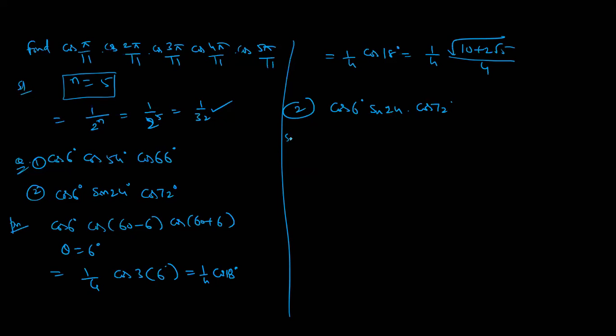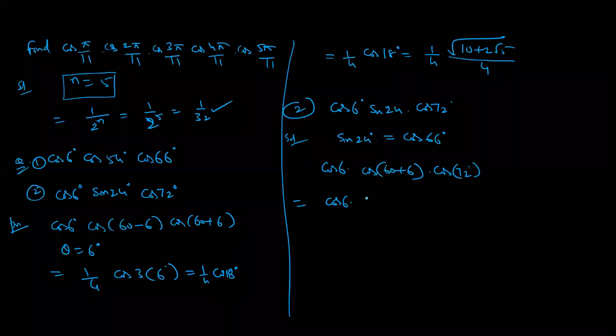How to approach? Now, what is the complementary angle of sin 24? Clear? Yes, cos 66. Cos 6, cos 66 is 60 plus 6, and cos 72. What to do, anyone? So these types of problems, be very careful.